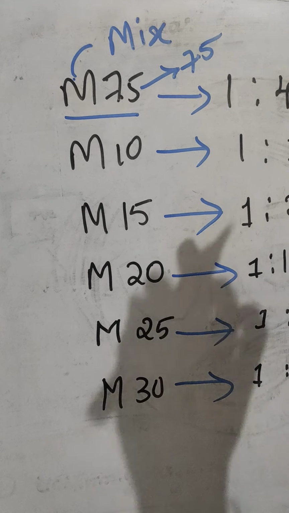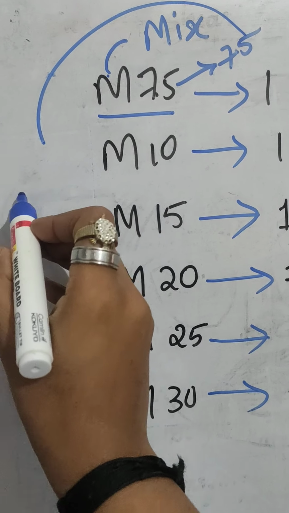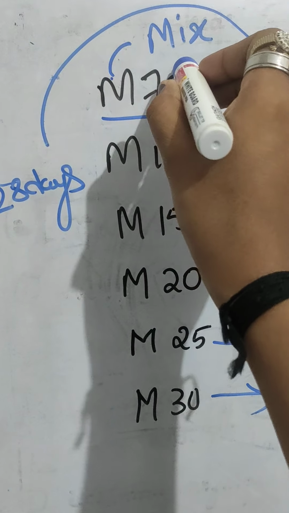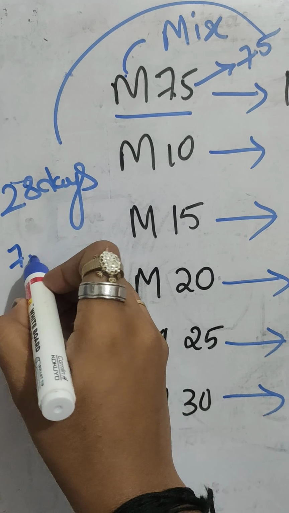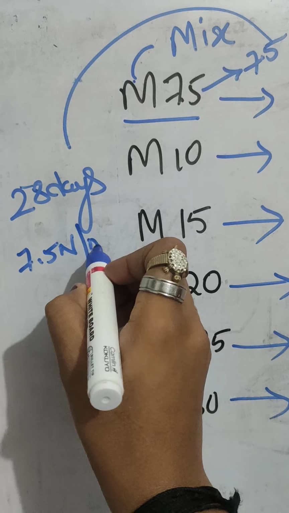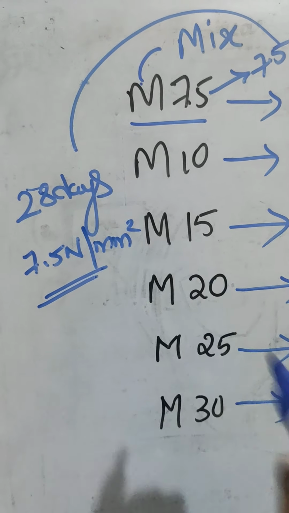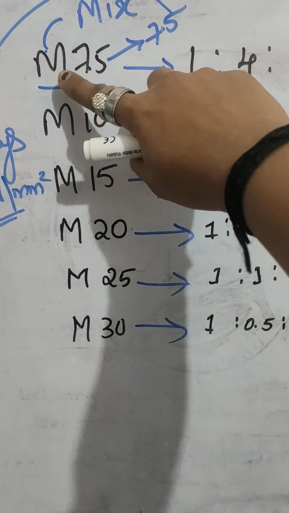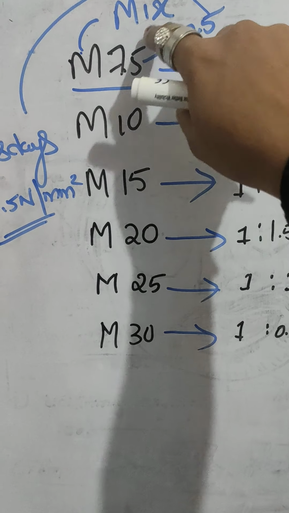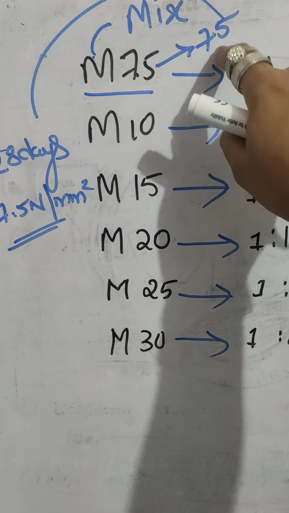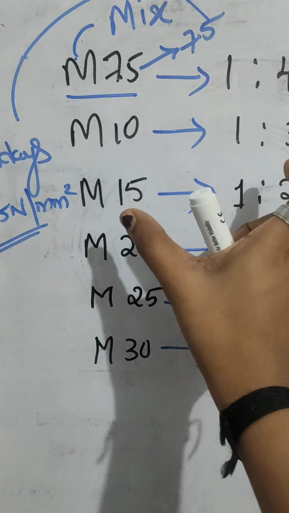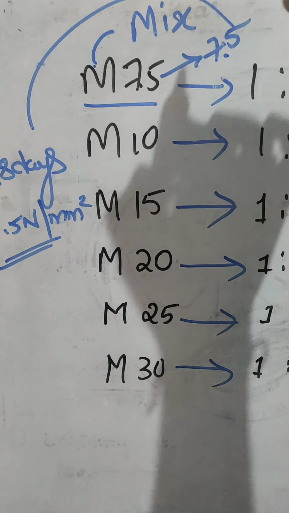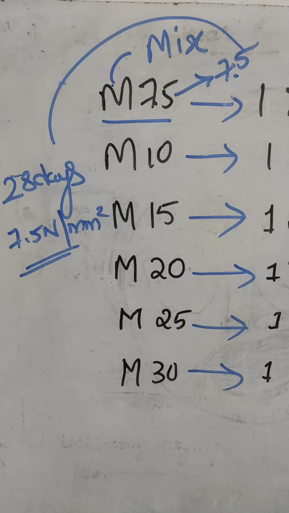That is, after 28 days of testing, the particular concrete mix strength should be 7.5 Newton per mm square. Okay, you understood, right? Now you will get a clear picture of what M is and what this 7.5 is. M stands for mix, and 7.5 is the characteristic strength of a particular concrete cube which is being cast, and its strength after 28 days should be 7.5 Newton per mm square.